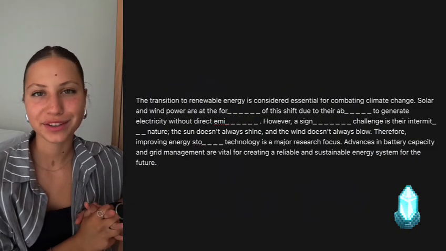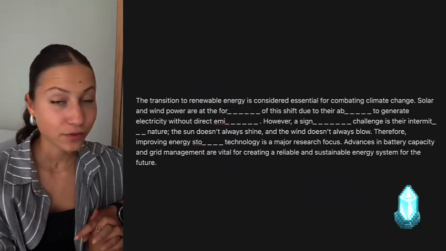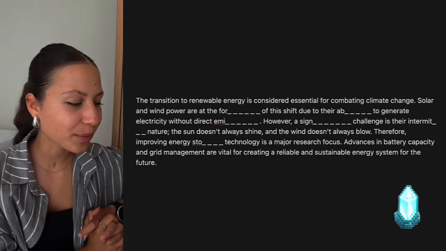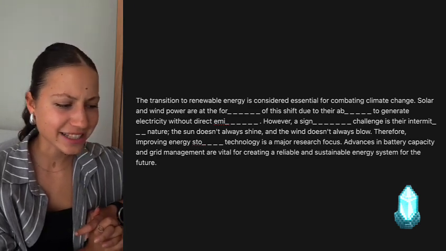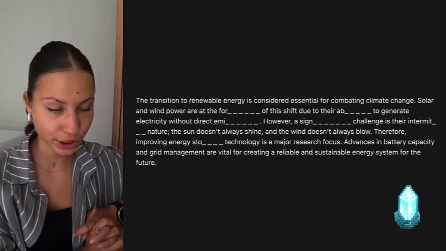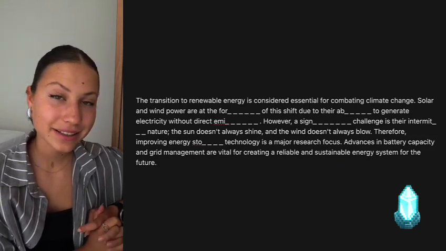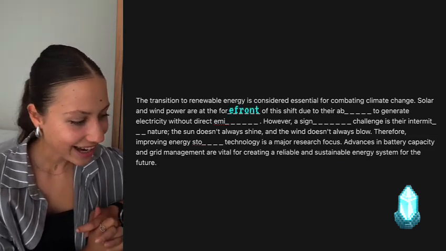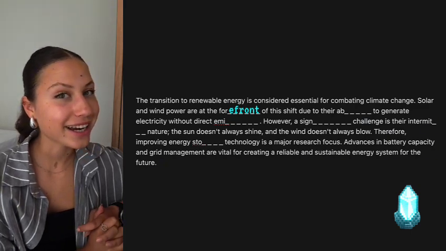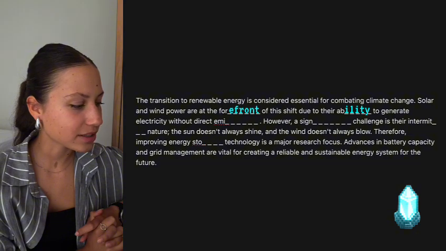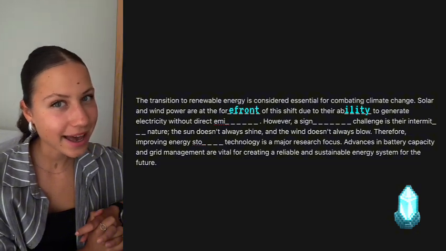So, what do we have here? The first sentence is for a context. The transition to renewable energy is considered essential for combating climate change. Solar and wind power are at the forefront of this shift due to their ability to generate electricity without direct emissions.